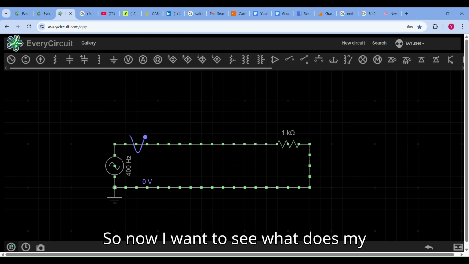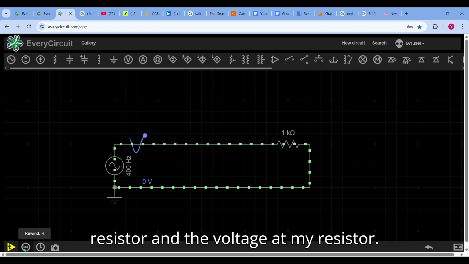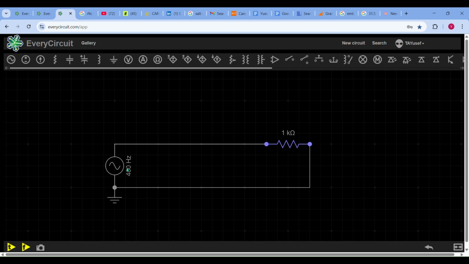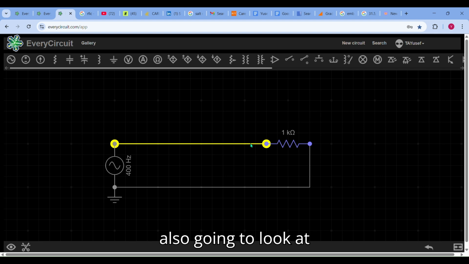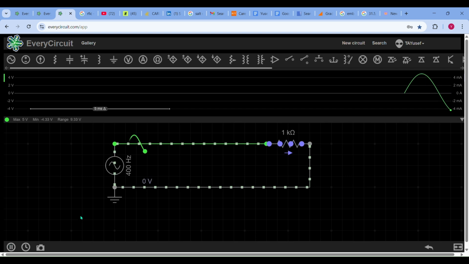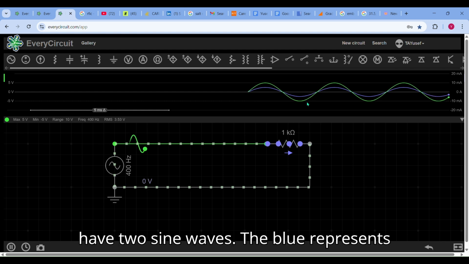So now I want to see, what does my waveform look like for the current at my resistor and the voltage at my resistor. So I'm going to highlight this and say show waveform. I'm also going to look at this voltage waveform as well. Okay? So now on my graph, I can see I have two sine waves.